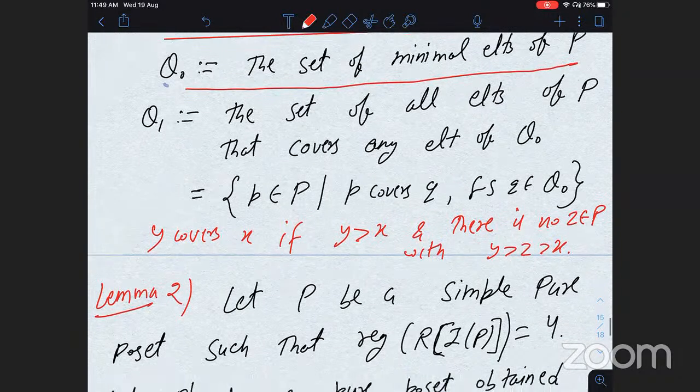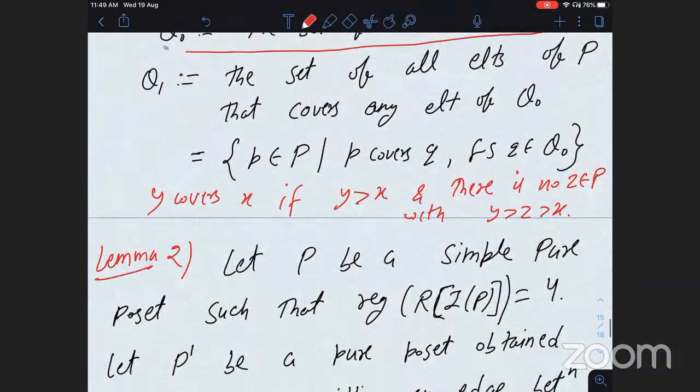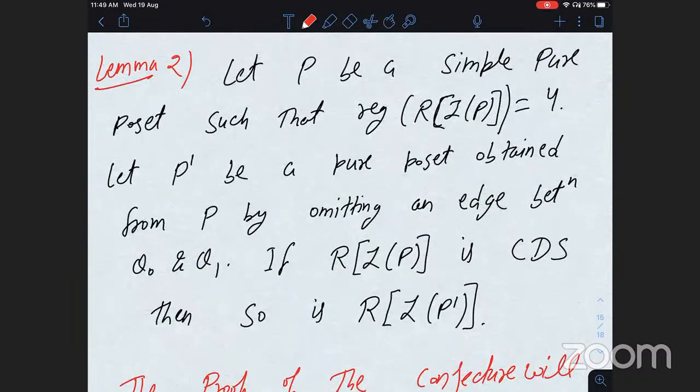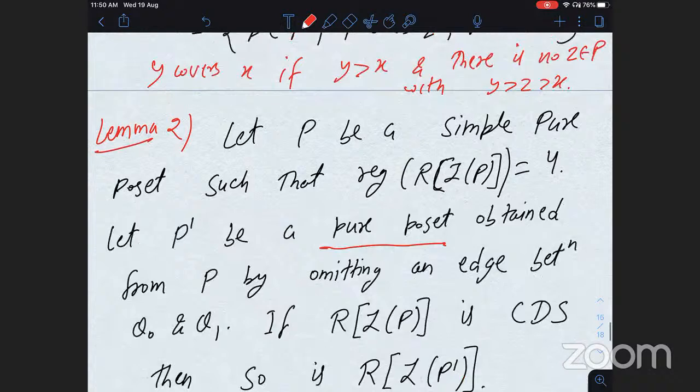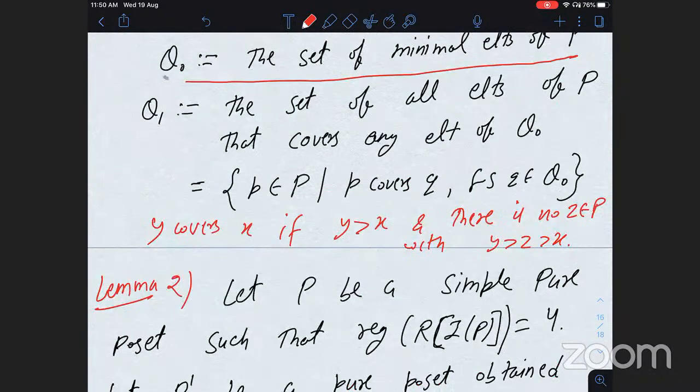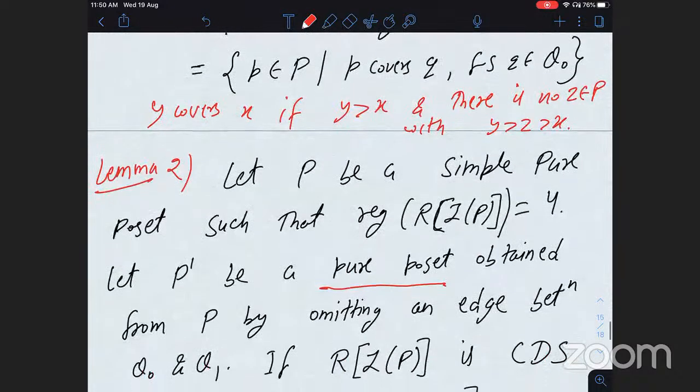Okay, so now I'll state lemma 2. Let P be a simple pure poset such that the regularity of R[P] is equal to 4. Let P prime be a pure poset obtained from P by omitting an edge between Q0 and Q1. So I've defined Q0 and Q1: Q0 is the set of minimal elements and Q1 is the set of those elements that cover some element of Q0.